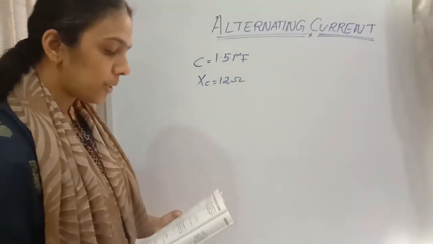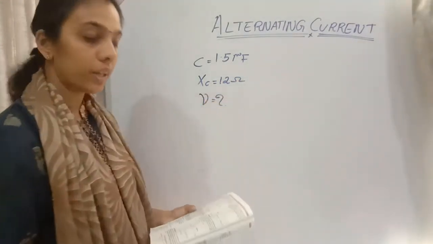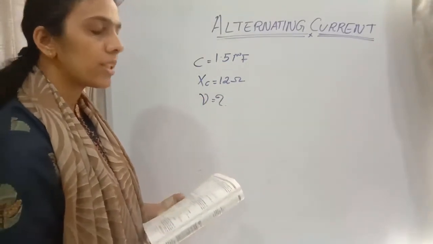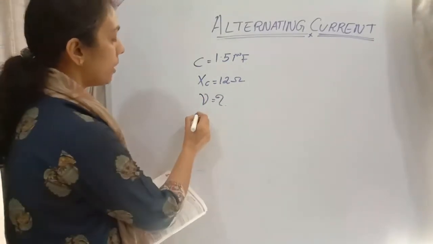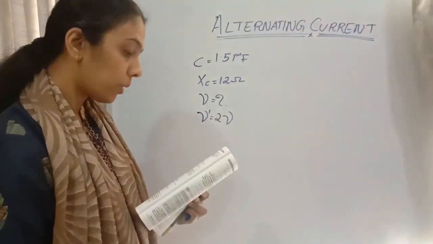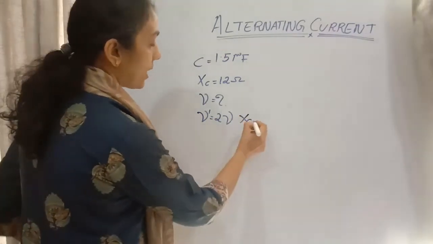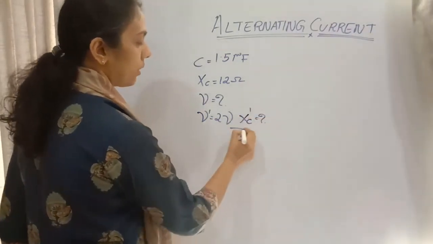First we need to find out the frequency. Next, if the frequency of the source is doubled, the new frequency is 2 nu, then what will be the capacitive reactance? So Xc dash we need to find out.